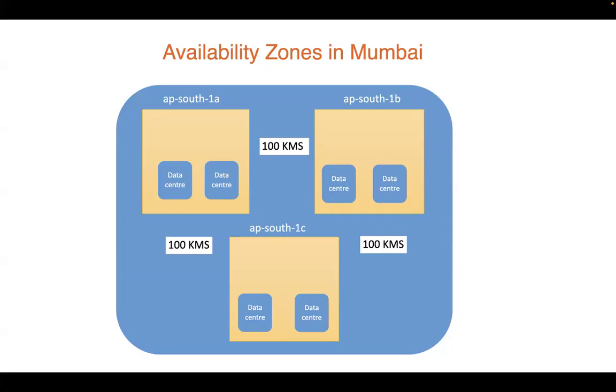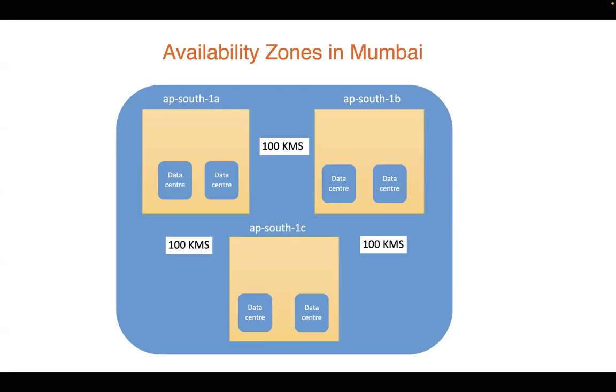Let's understand, the Facebook application is hosted in the Mumbai region in 1A, 1B, 1C. And 1A is completely destroyed because of an earthquake. Now, do you think the Facebook application is not available to the world?